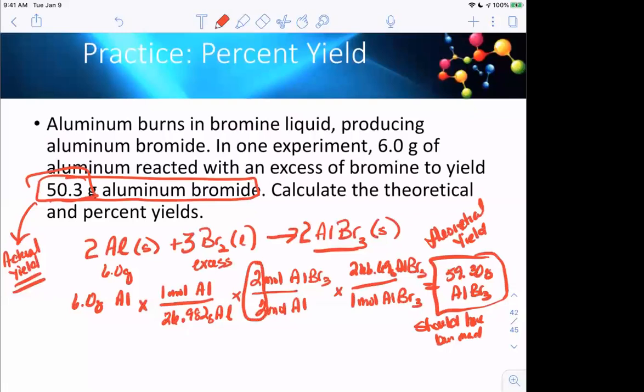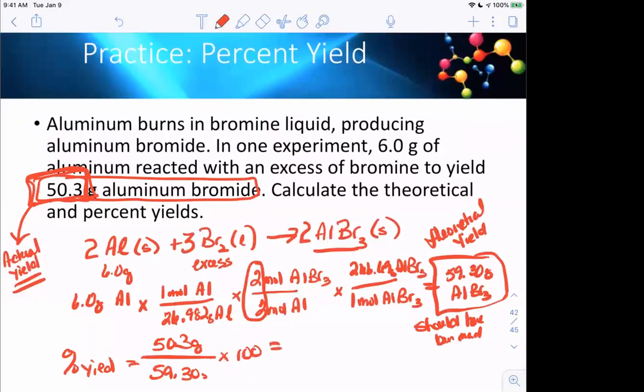This is what actually was made. So my percent yield is the actual divided by the theoretical times 100.